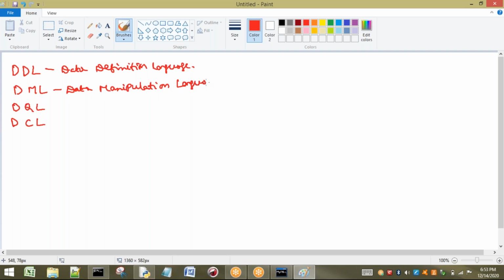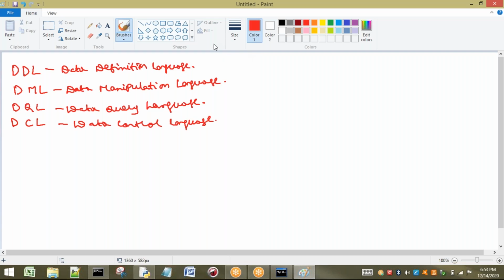Next, DQL, data query language. And finally, DCL is data control language. So just briefly, I will discuss these, and I will write some of the commands we are going to use under these languages.